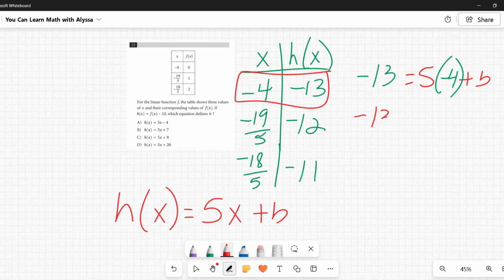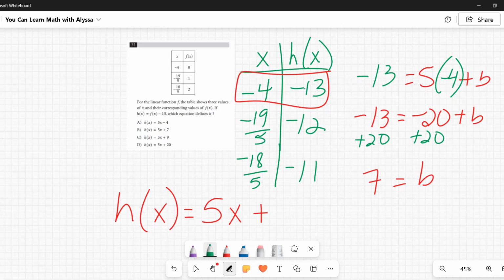So -13 equals 5 times -4, which is -20, plus b. To solve for this, I add 20 to both sides. -13 plus 20 is 7. 7 is my b. And all right, now I can plug that in. 5x plus 7.